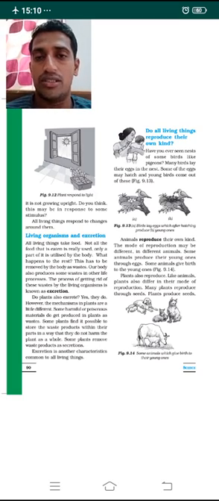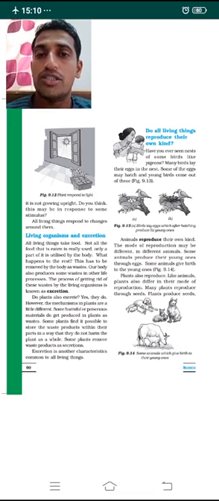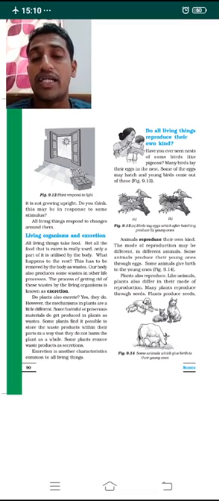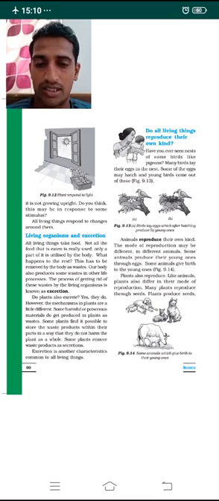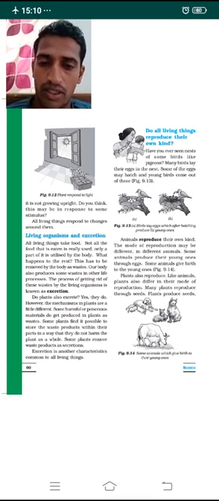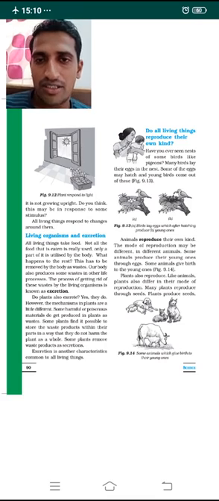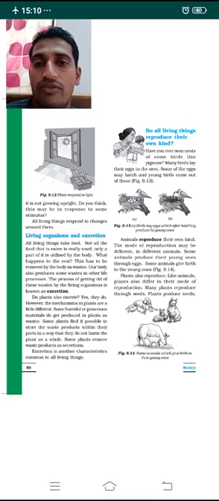Our body also produces different kinds of waste in different life processes, and all these waste products should be removed from our body.